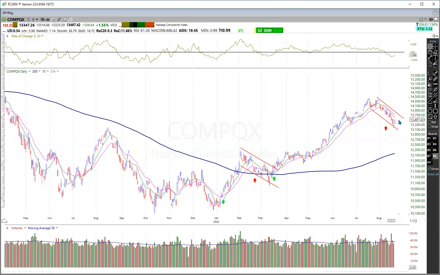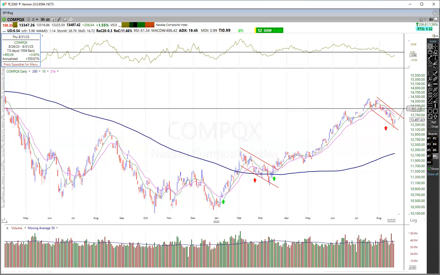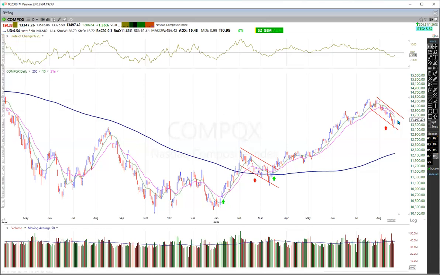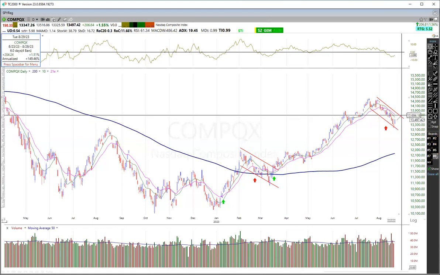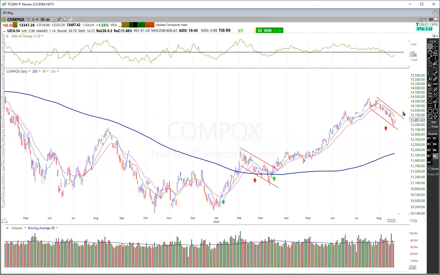So what we're going to look for is, can the index now build on that momentum over the next 2 or 3 days, and can we get back out of correction and establish another trend up? That's what we'll be looking for over the next 3 or 4 days.